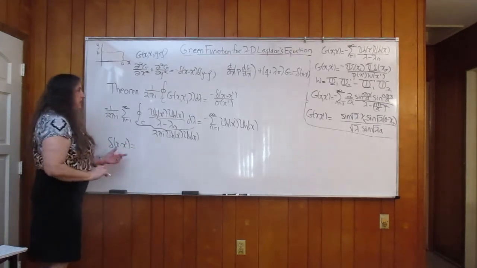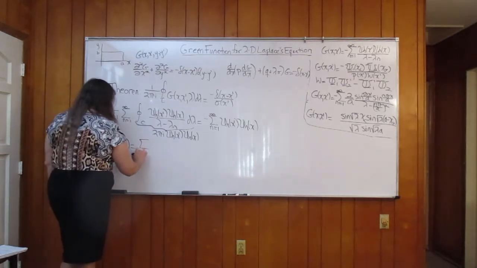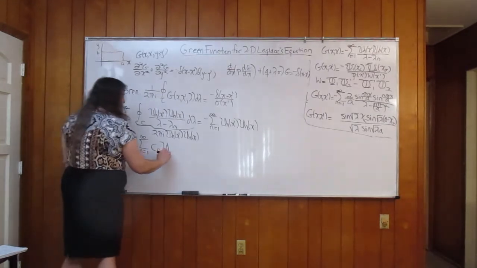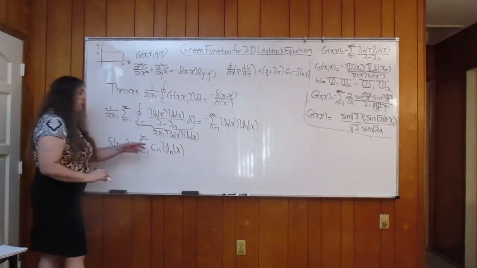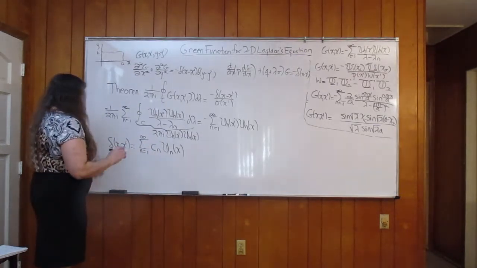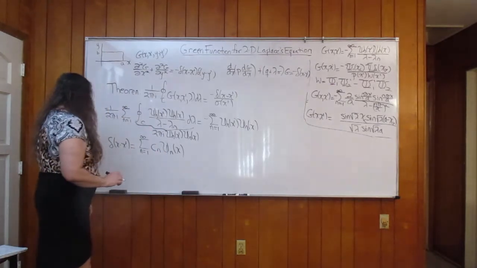I'm going to go ahead and expand the delta function in terms of the eigenfunctions. So this is going to be n equals 1 to infinity, Cn, some constant coefficients, times psi n of x. Now, in order to extract the coefficient from the summation sign, I'm going to make use of the orthogonality of the functions psi n of x.